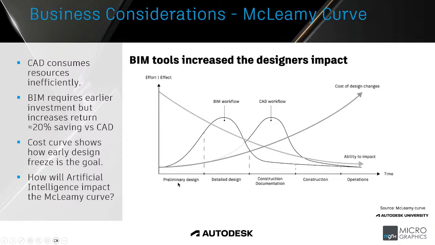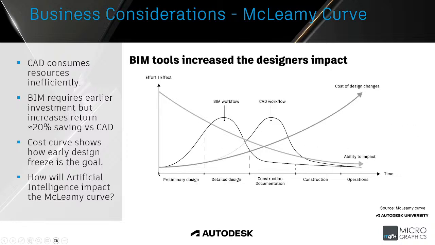You'll recognize this if you're in the industry from the development of our projects: the preliminary design, then the detailed design, the construction documentation phase, the construction phase, and the operational phase. So think about it as a timeline spanning the phases or the stages of the project.